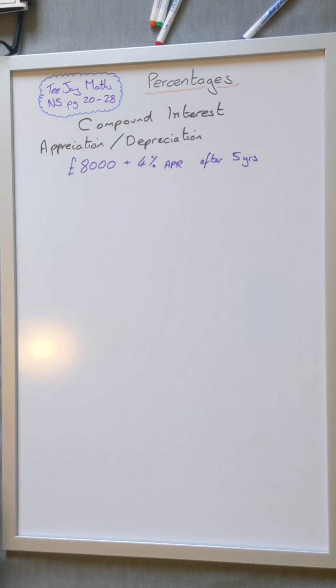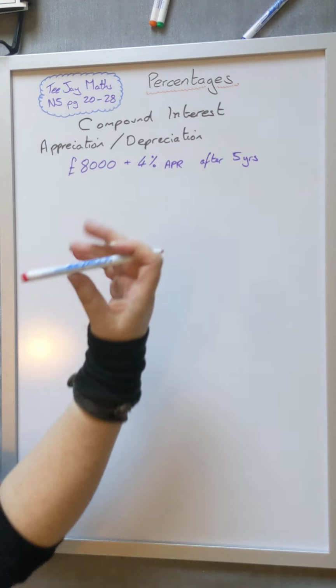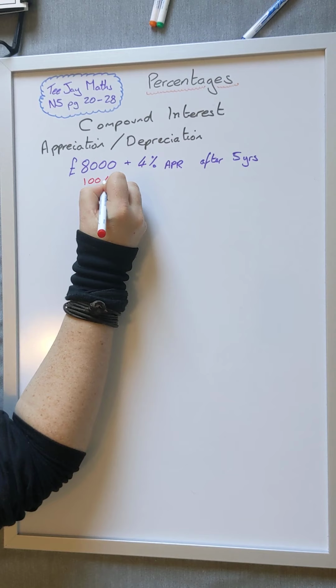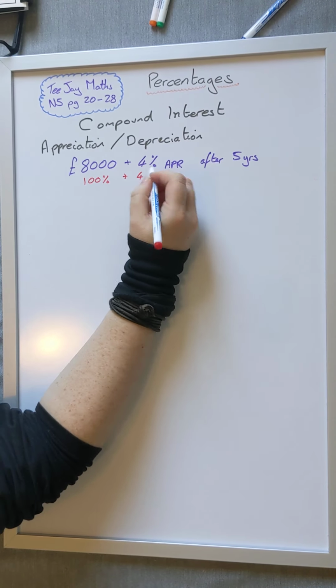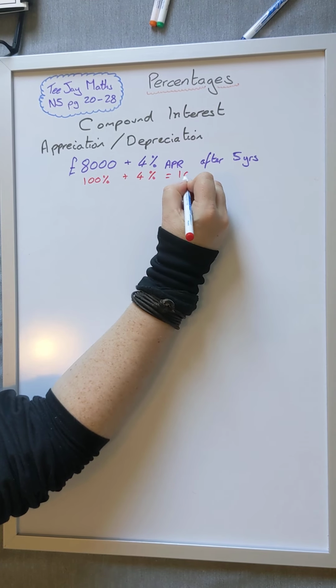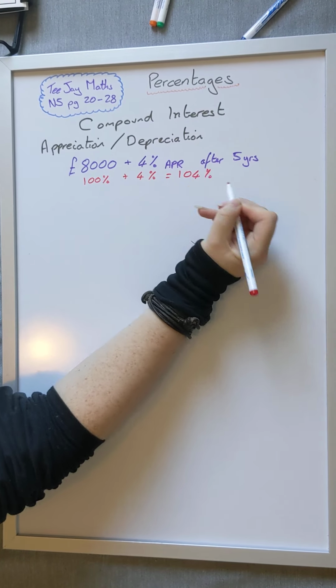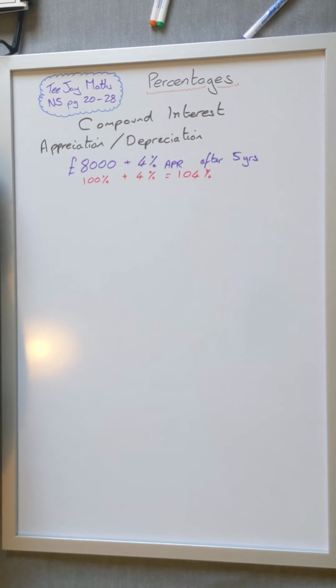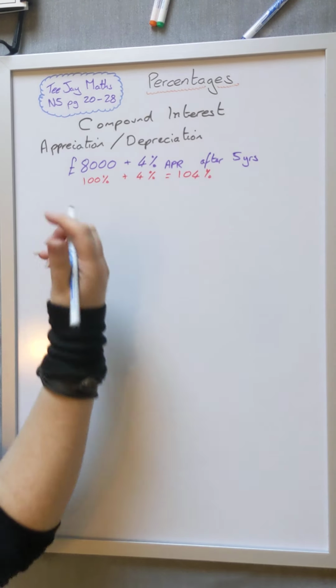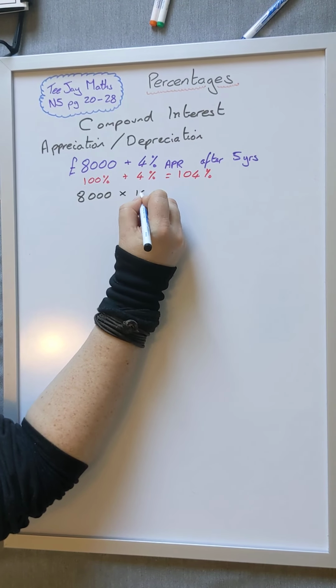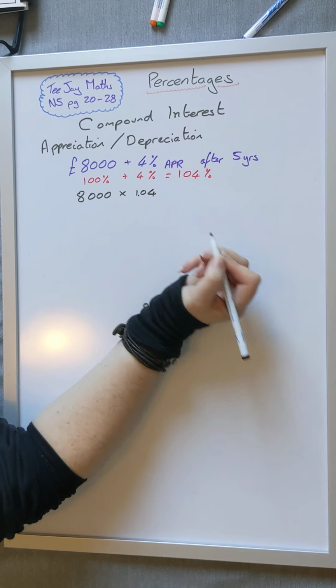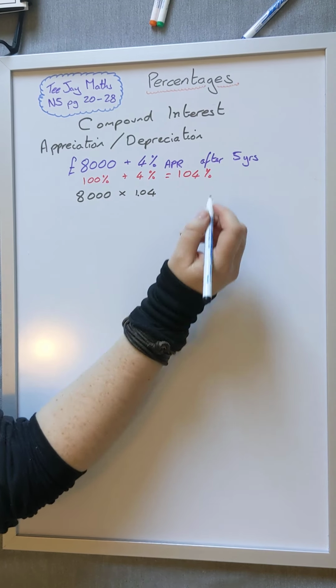So what we're going to do is, just like we did with the last question, we're going to look for our 100%. So our original value is our 100%, and we're adding on 4%. So we're looking for 104%. Now what that gives us is £8,000 times 1.04 for year 1.